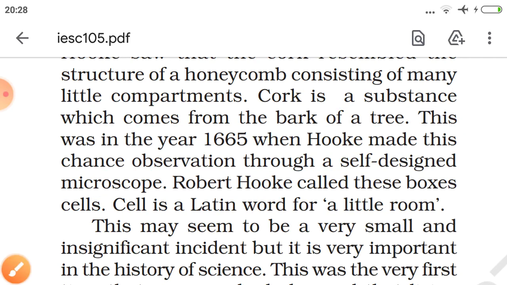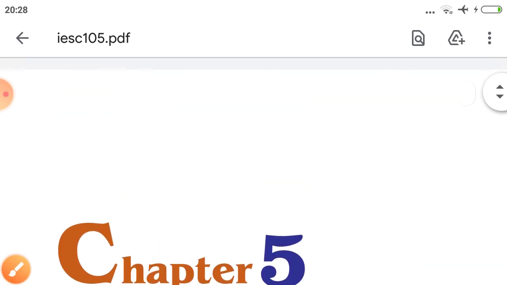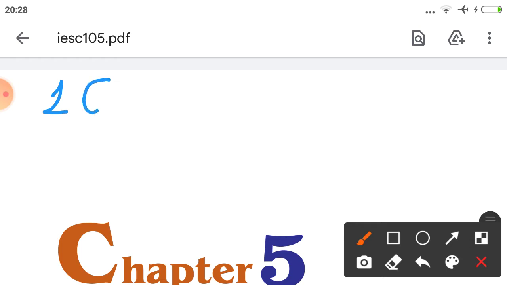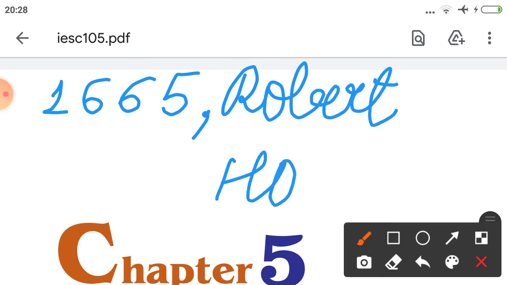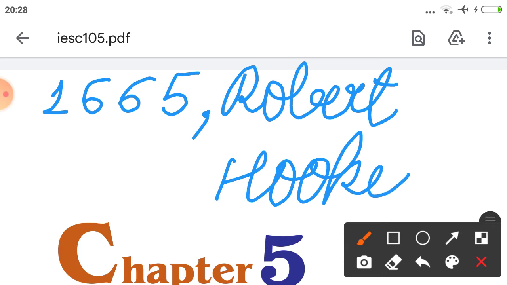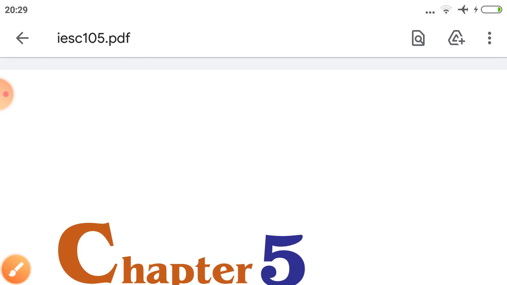So let me tell you this paragraph's meaning. In the year 1665, one scientist, Robert Hooke, observed a cork. Cork is a part of the bark of a tree. He observed the cork under a microscope that he made himself.